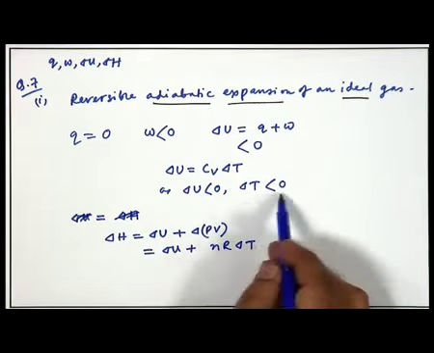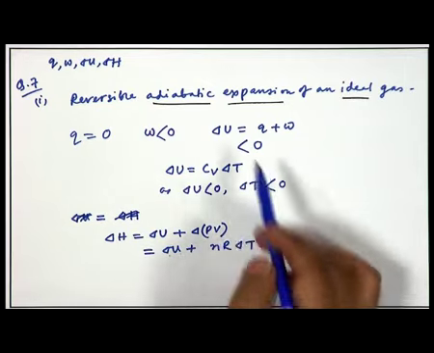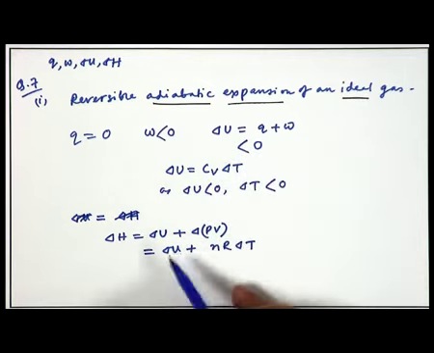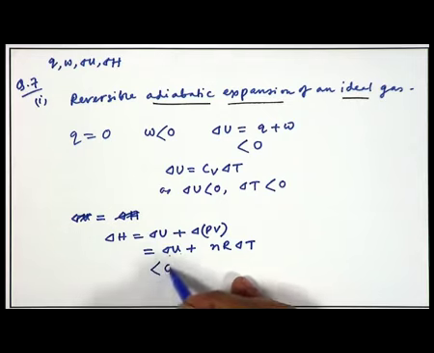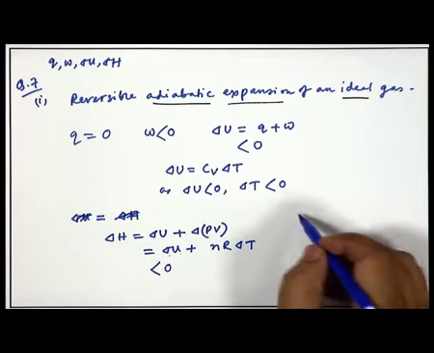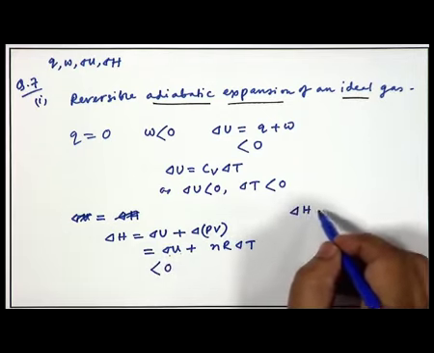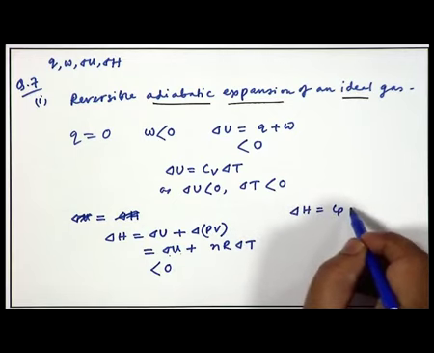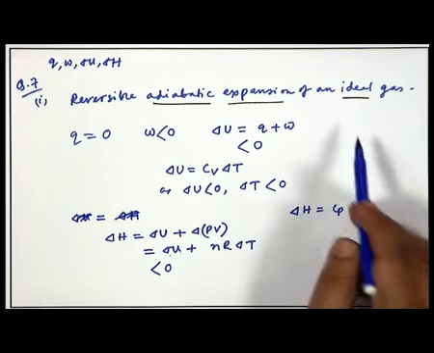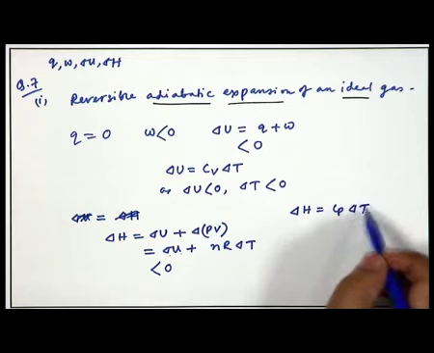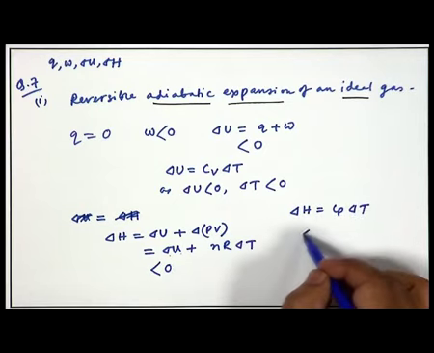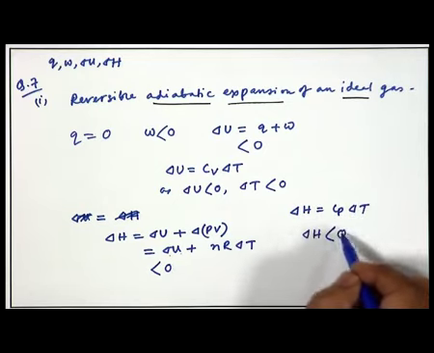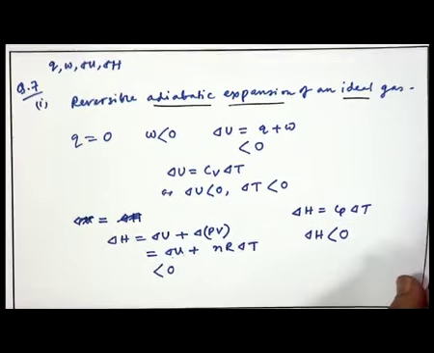Now, del T is negative, del U is negative, so del H has to be negative. You can get this directly also: del H is C_p del T for ideal gas, because del T is negative, del H also has to be negative.